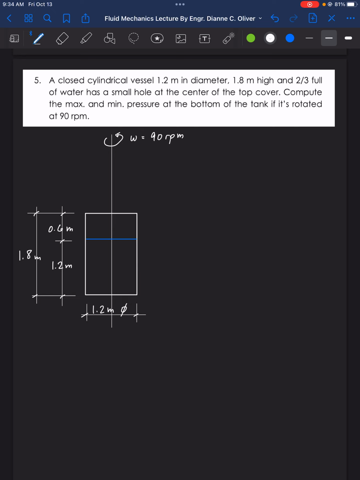So what will be the drawing now for the parabola? We cannot assume that it's going to be equal. So we will just put it this way, and there's going to be an imaginary line here.